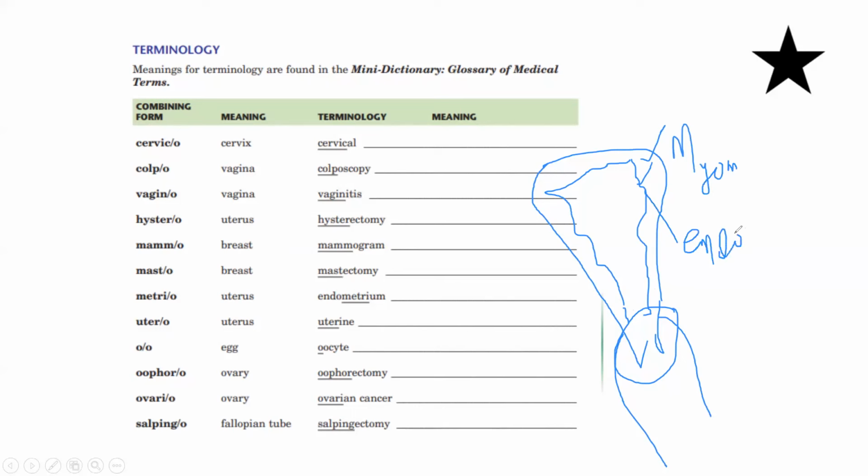Then outside we have connective tissue, perimetrium. So these are the layers of the uterus. We can use this term metrio for the endometrium, the lining of the uterus. Utero, for example, uterine vessels.